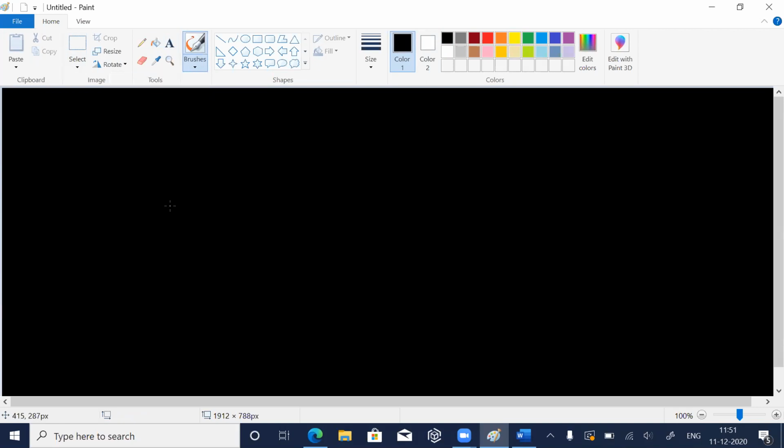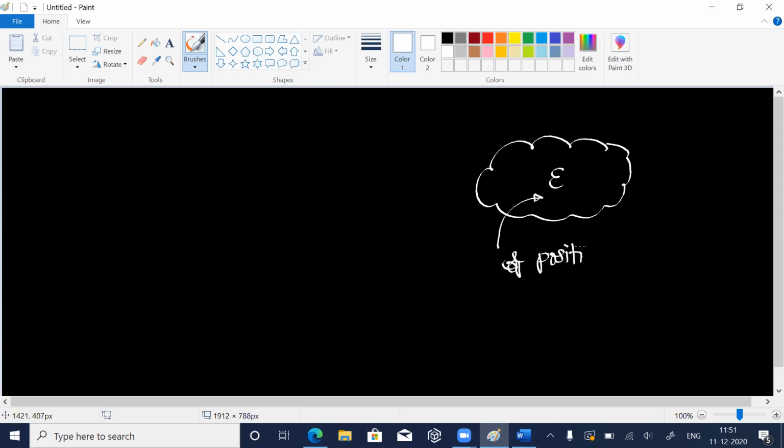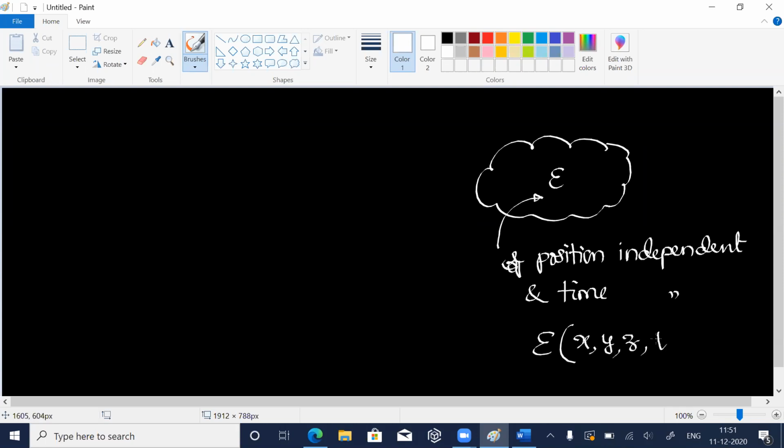Very good. So as your friend said, I have a medium. In this case, epsilon is position independent, and also time independent. Generally in free space, epsilon, if I take it in the Cartesian system, is a function of space as well as time.